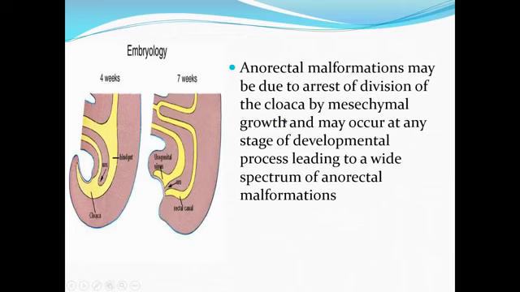You know about the cloaca, the most dependent or distal part of the gut, from which the rectum and anal canal develop. So any abnormal division of the cloaca in intrauterine life may give rise to developmental anomalies like anorectal malformations.